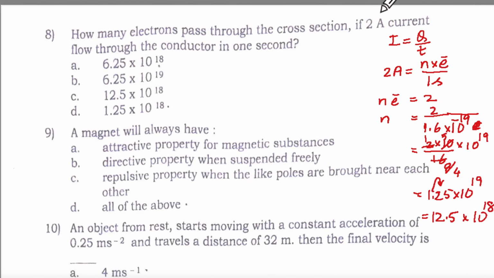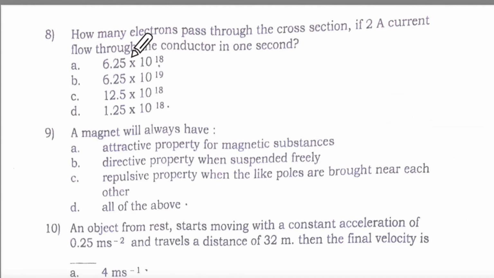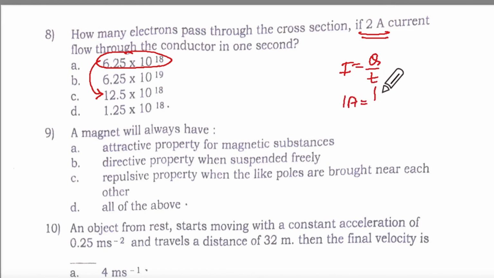Actually, if you remember that 1 ampere current is going to be 6.25 into 10 to the power 18, then 2 ampere will be double of this. Can you see that? Understood? So if you can remember that, what is 1 ampere current? See, I is equal to Q upon t, right? So 1 ampere is going to be 1 coulomb upon 1 second, correct?